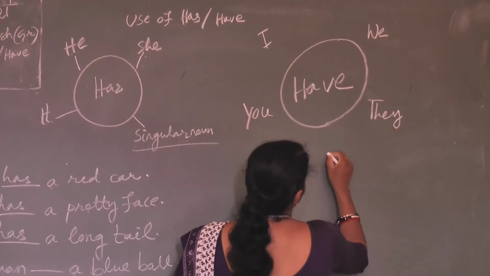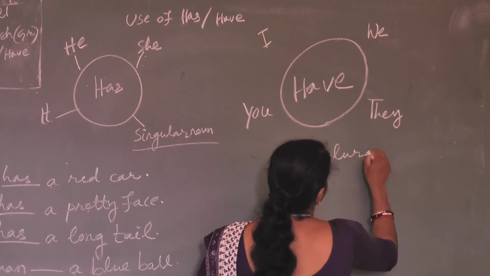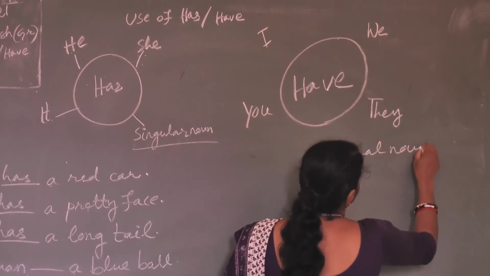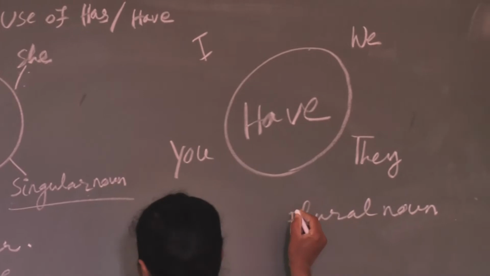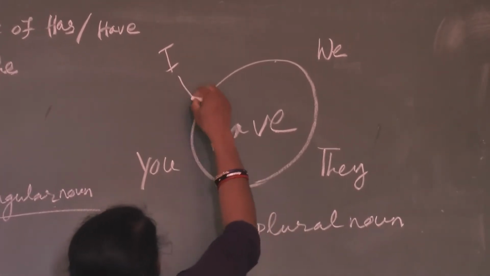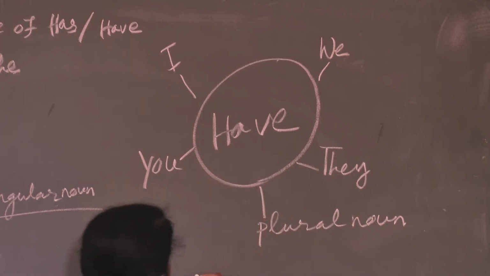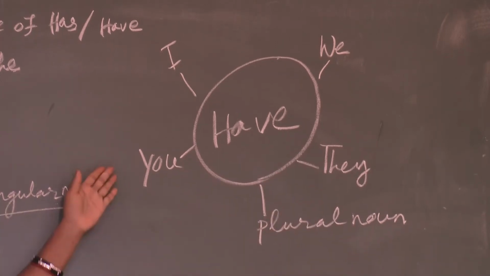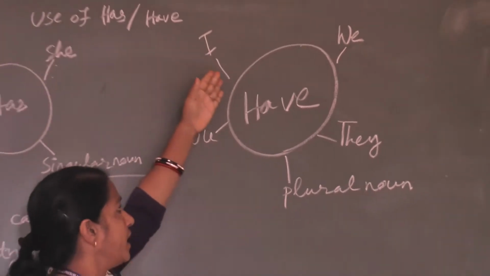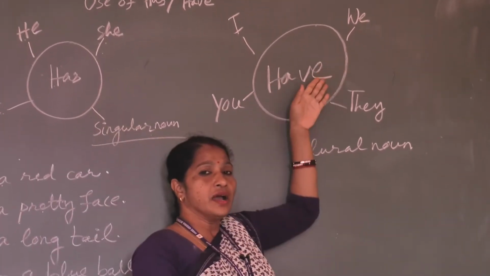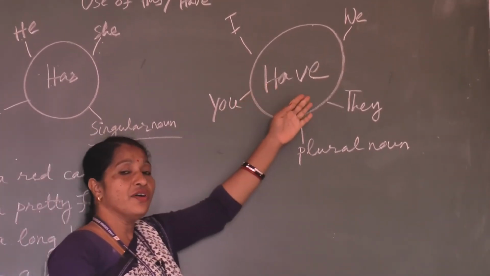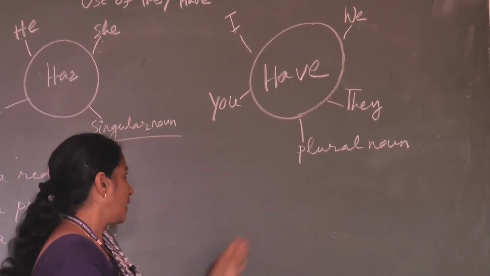And here plural noun. We also use have with plural nouns. Now repeat after me, children. I have, we have, you have and they have.